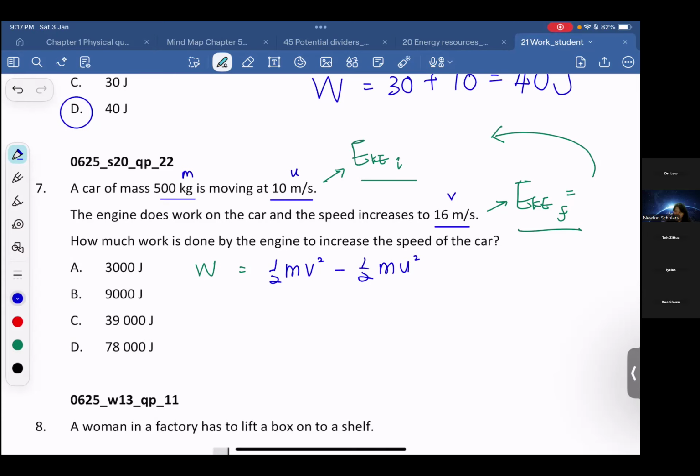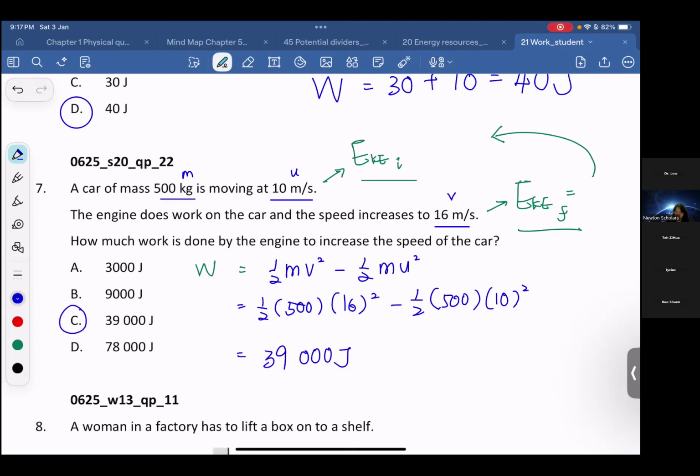Angeline right now correct. Okay, so 1 over 2 times 500 times 16 square minus 1 over 2 times 500 times 10 square. So the extra work needed is 39,000 joule. Answer should be C.